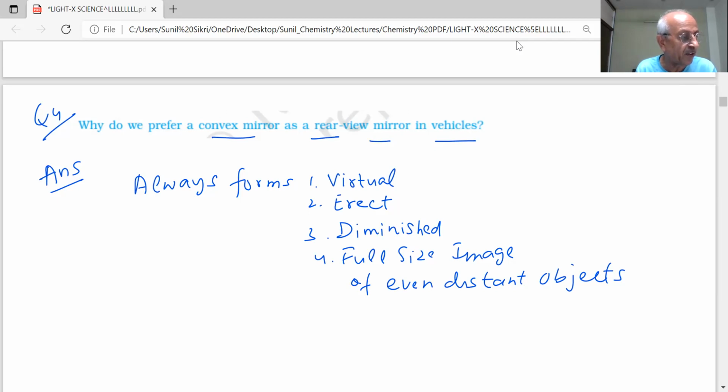Because its aperture is large. The convex mirror has a larger aperture. You will see that these mirrors are finding great use at various traffic points or diverted roads. They give a complete rear view of the traffic which is coming. Is it clear? This is an important point. This question is important, it has been asked many times.